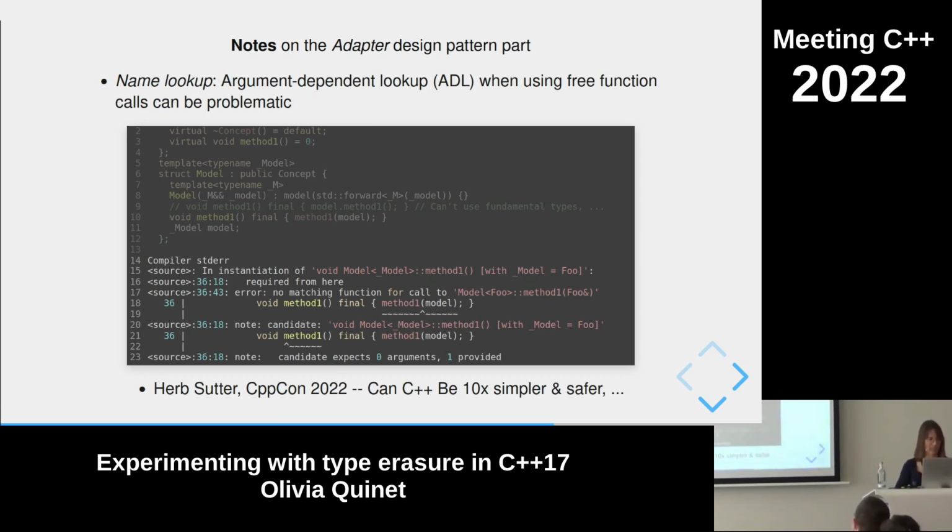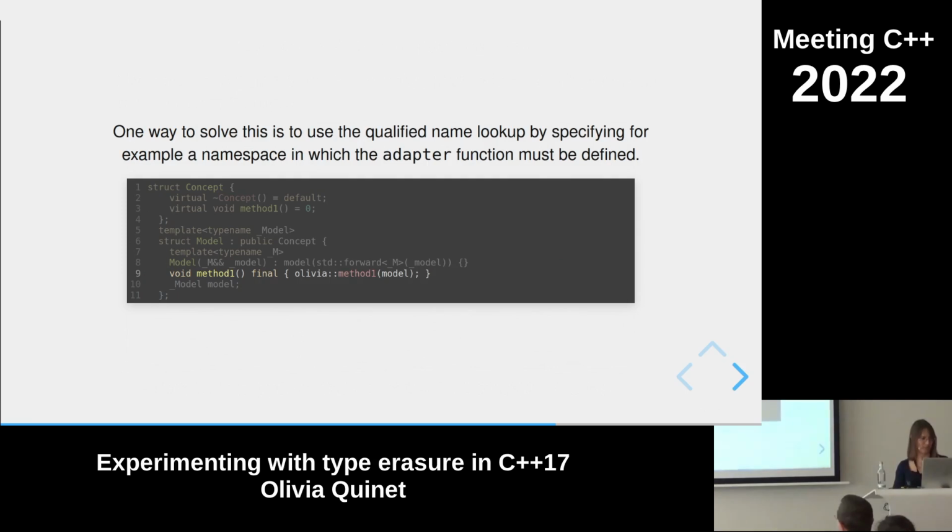That's more or less the idea presented by Klaus Iglberger at CppCon 2022, Can C++ Be 10 Times Simpler and Faster? One point I remember is, hey, I have this, it's funny, it's nice. And yes, I really like the idea. So that is one way: you qualify the method where all the implementation needs to be defined.